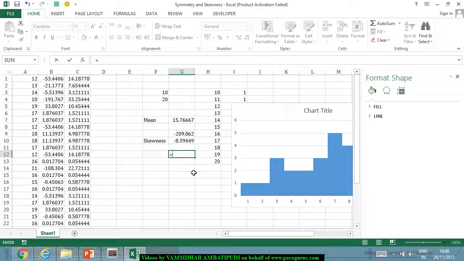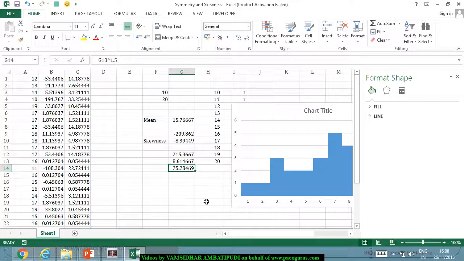So I am summing all the squares of deviations from the mean. This I am dividing by 25. This is the second order moment about the mean. And this I am raising to the power 3 by 2, which is 1.5, where I am getting 25.28.